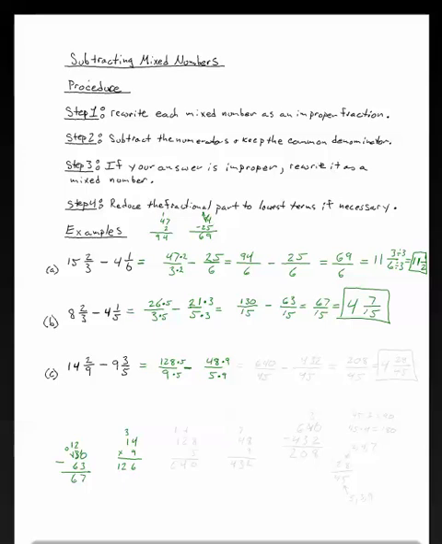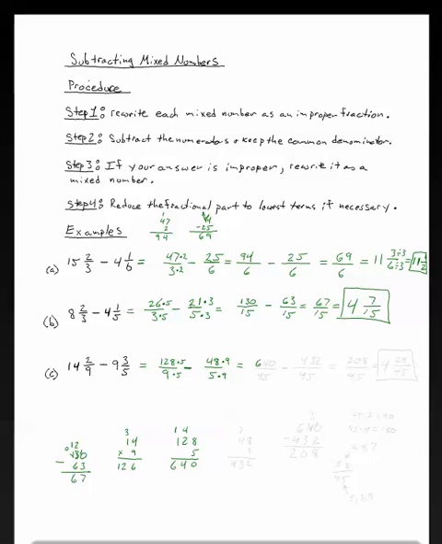So 128 times 5. 8 times 5 is 40. Carry the 4. 2 times 5 is 10, plus 4 is 14. 1 times 5 is 5, plus 1 is 6.